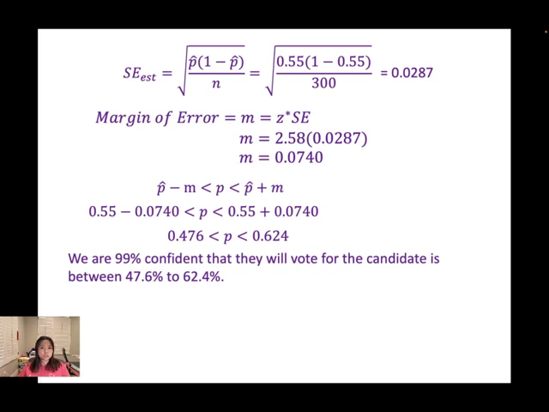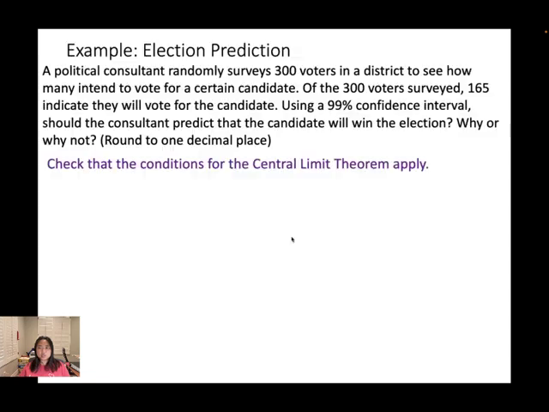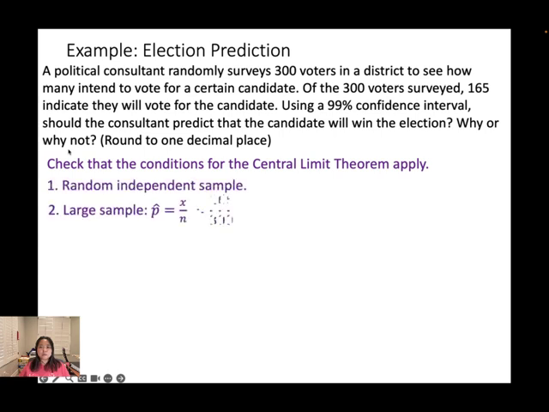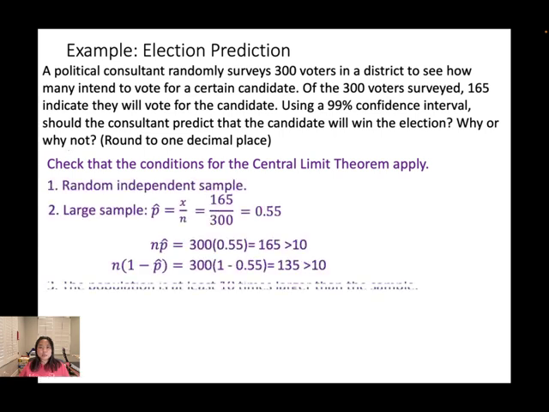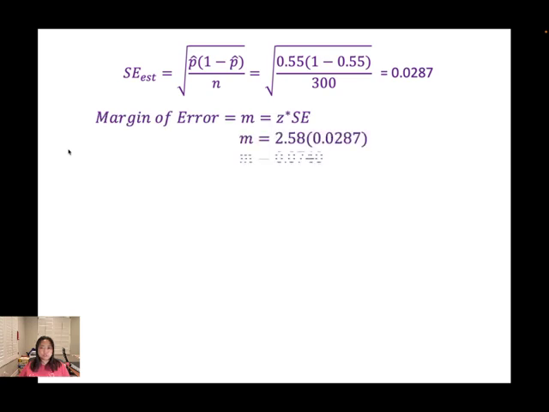Now answer the question. What did they ask here? Should the consultant predict that the candidate will win the election? Why or why not? How can we know whether they're going to win or not? It really depends on the confidence interval.